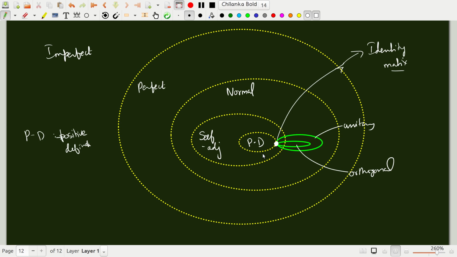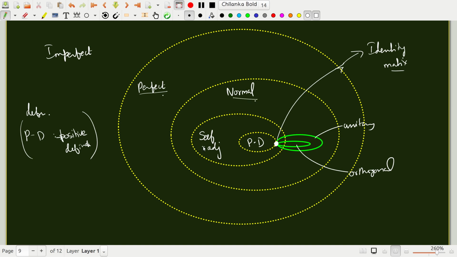So this is the most important take-home message at the end of the linear algebra modules in terms of properties of matrices. You have imperfect matrices, then a class of perfect matrices which have linearly independent eigenvectors. Then you have normal matrices which have orthogonal eigenvectors.